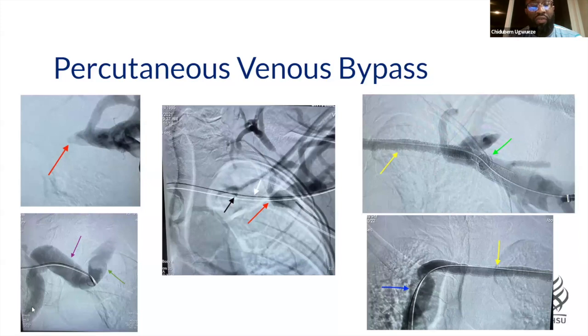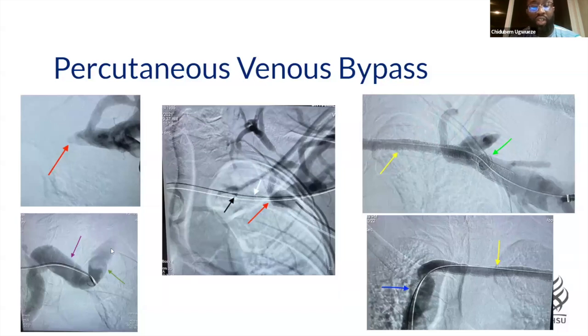So once you have a catheter in the accepting vein outflow and a catheter in the inflow, you can get venous access into, in this case, a collateral vein.